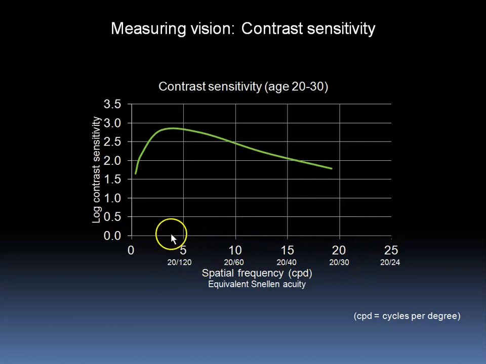It turns out that the maximum contrast sensitivity is of an object that has a visual angle of light and dark overall of 4 cycles per degree.